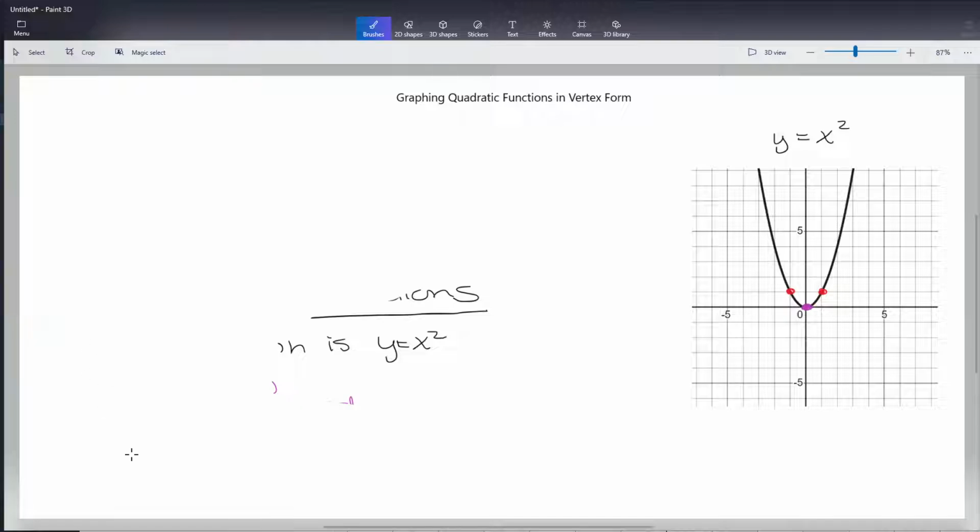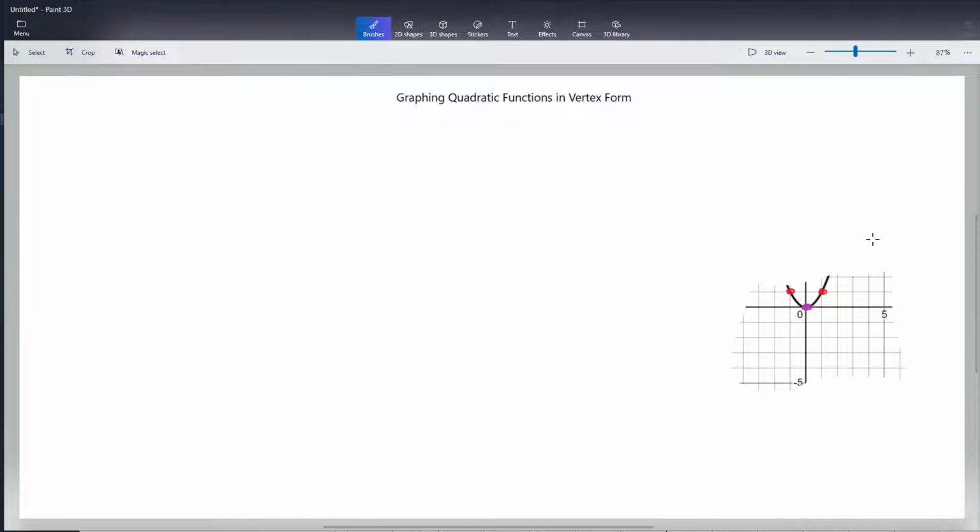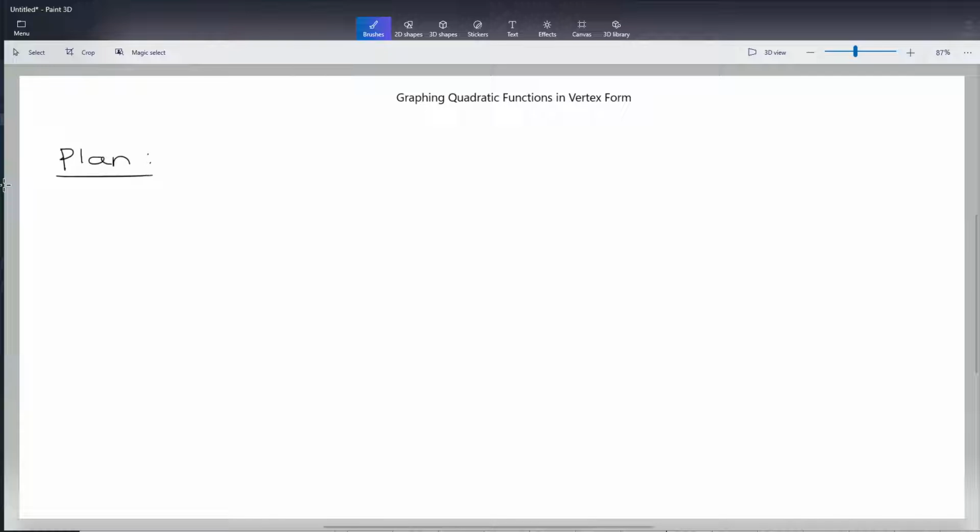So because we're in the vertex form, we're going to start by graphing the vertex. So here's our method for graphing using the vertex form.